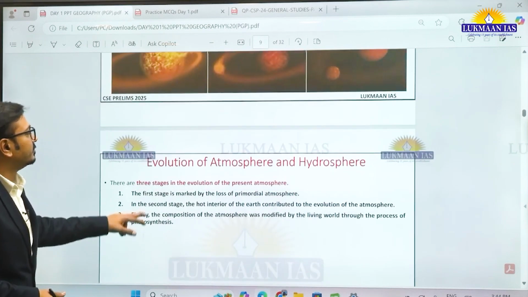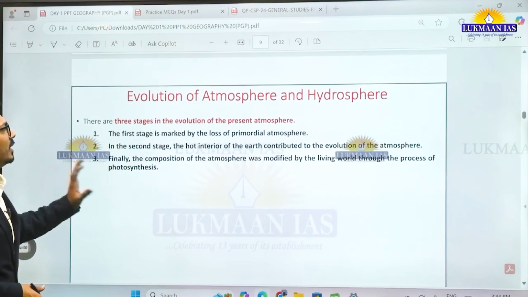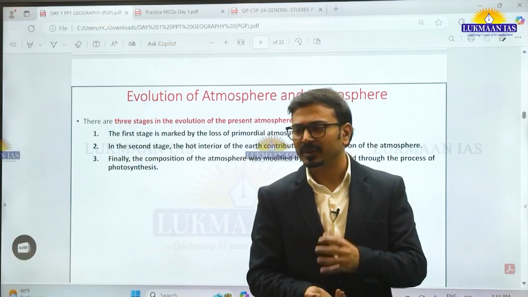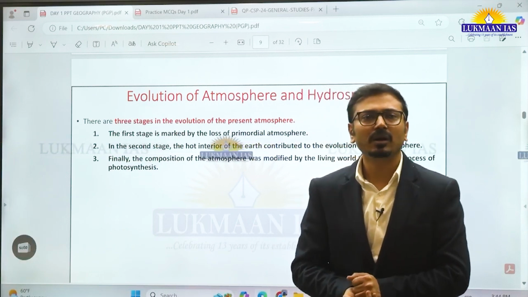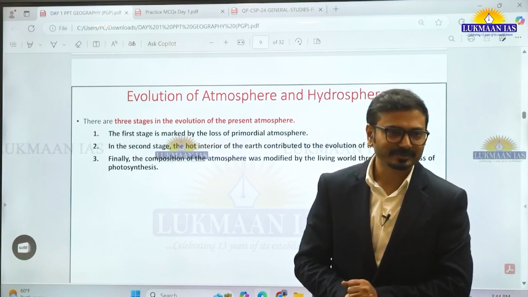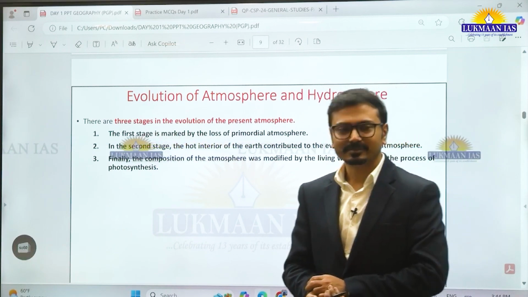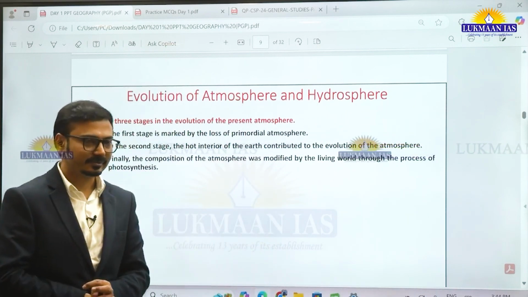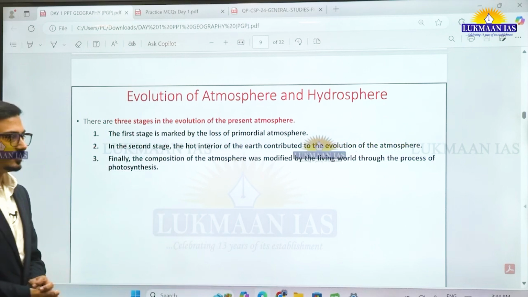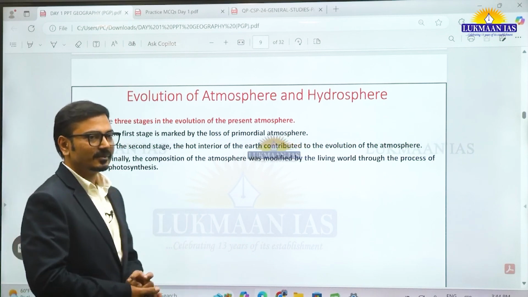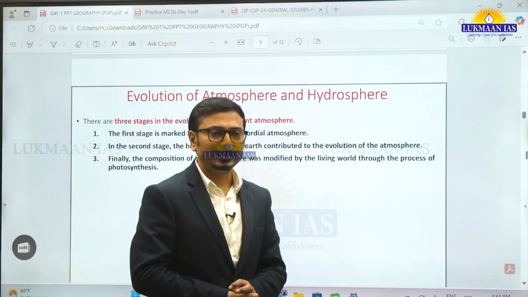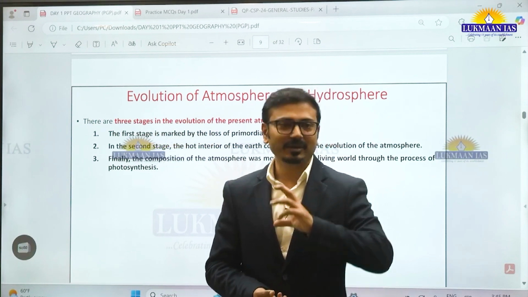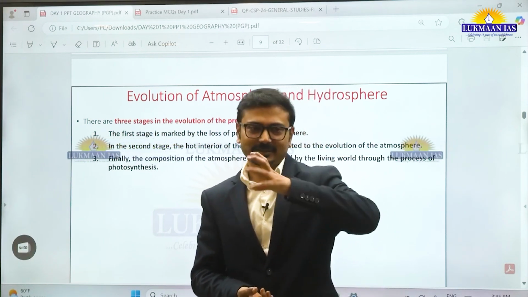Now, evolution of atmosphere and hydrosphere. First of all we will talk about evolution of lithosphere. Earth is tilted like 66 degrees. And we just saw Uranus is also tilted. Yes, all the planets are tilted, but Uranus is basically rotating in a vertical direction, like this.